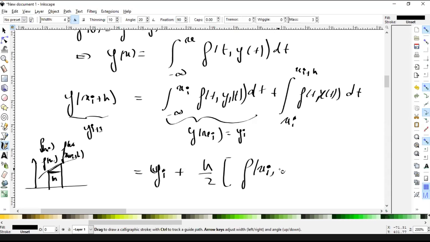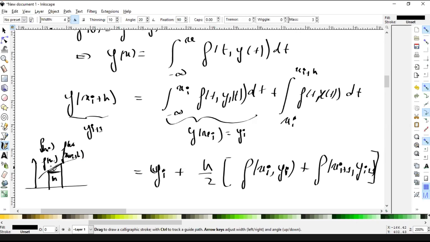So f of xi, yi, plus f of xi plus 1, yi plus 1. This is at xi, and this is at xi plus 1.